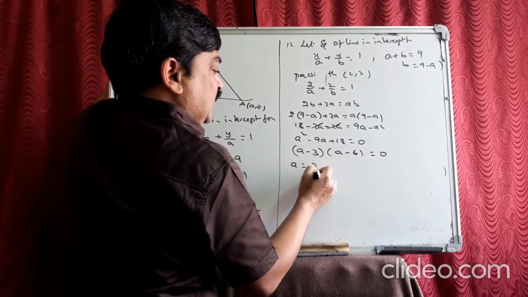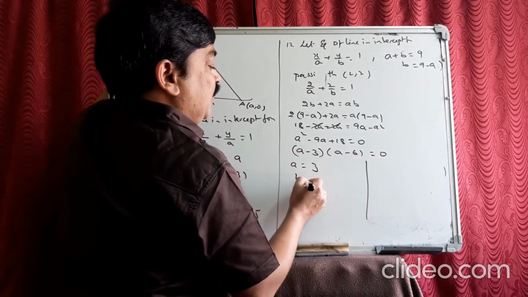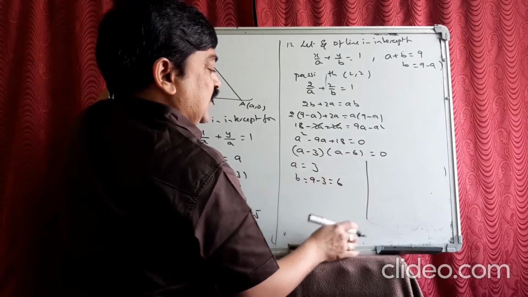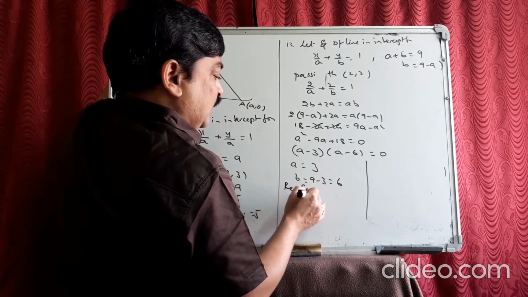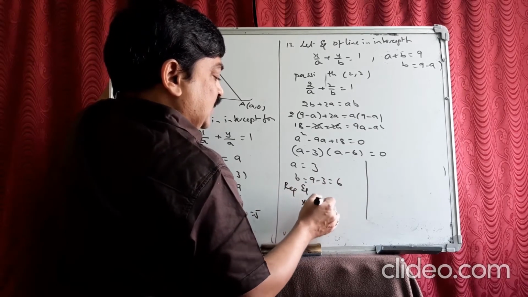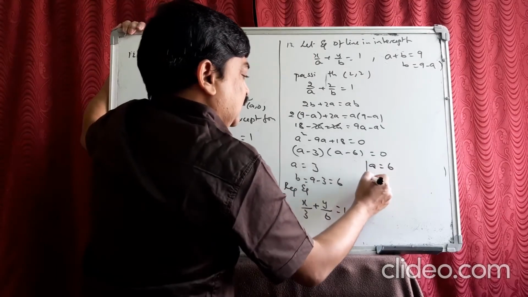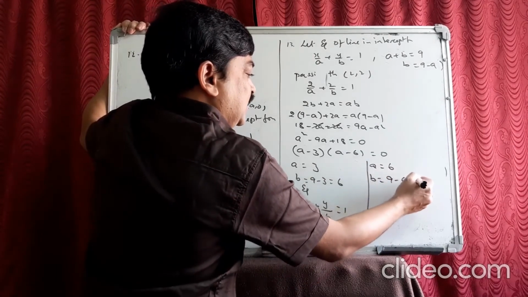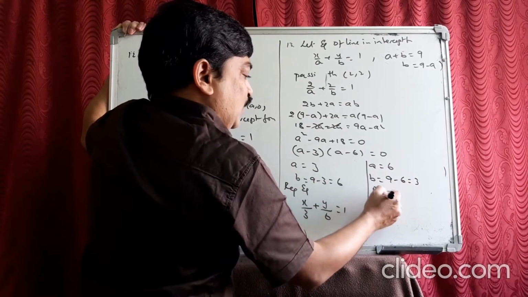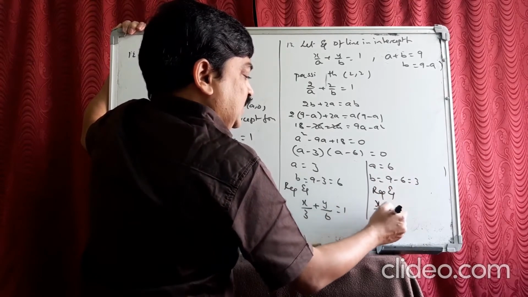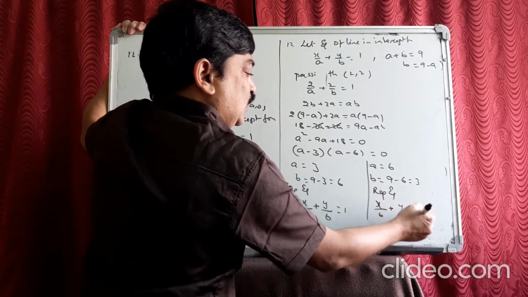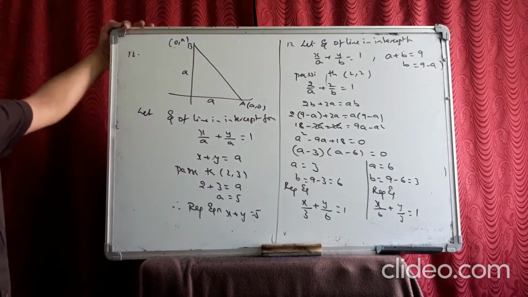So if a is equal to 3, b will be 9 minus 3, it is 6. So the required equation will be x/3 plus y/6 equal to 1. If a is equal to 6, b is equal to 9 minus 6, it is 3. So the required equation will be x/6 plus y/3 is equal to 1. Okay?